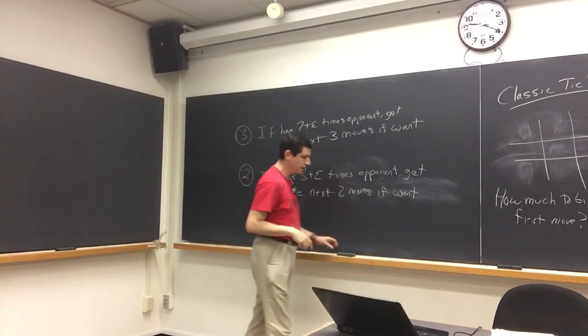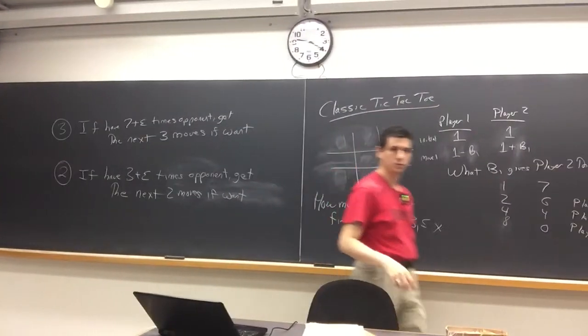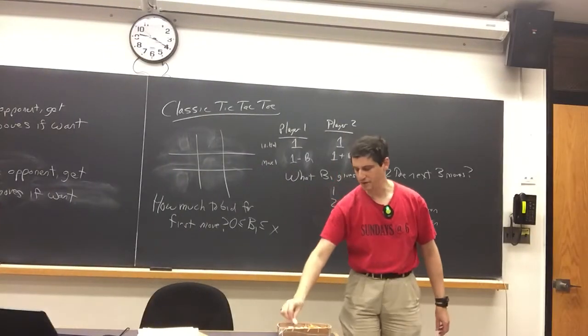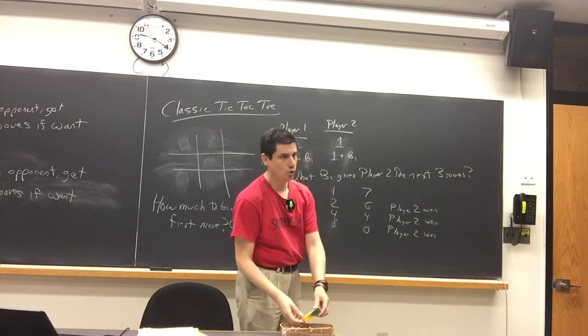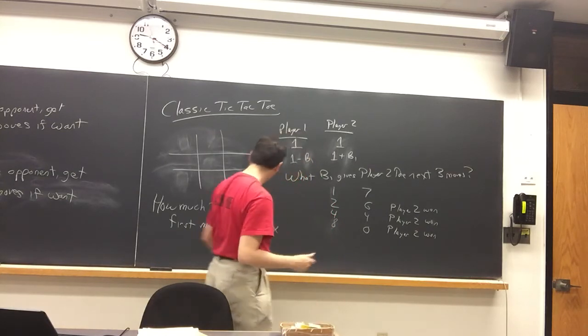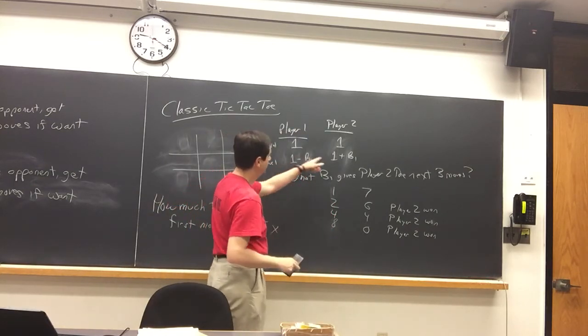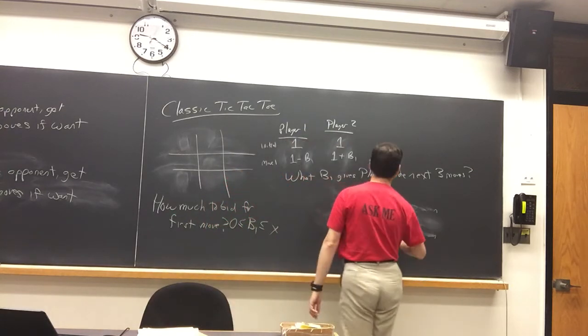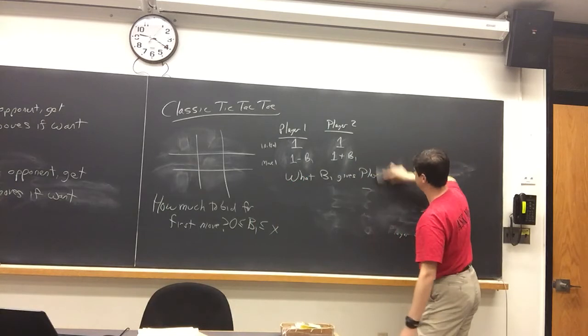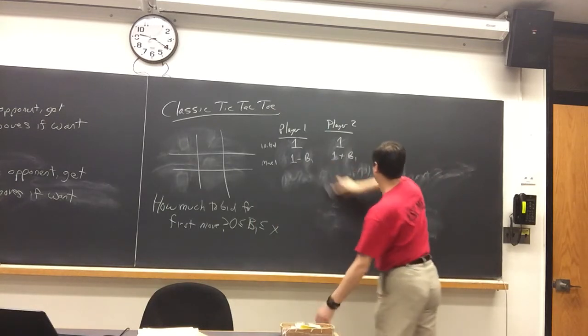Okay, so now that we know this, let's go back and look at what we had a moment ago in terms of how much we should bet on the first turn. So we clearly don't want to bet so much that player 2 gets the next 3 moves.